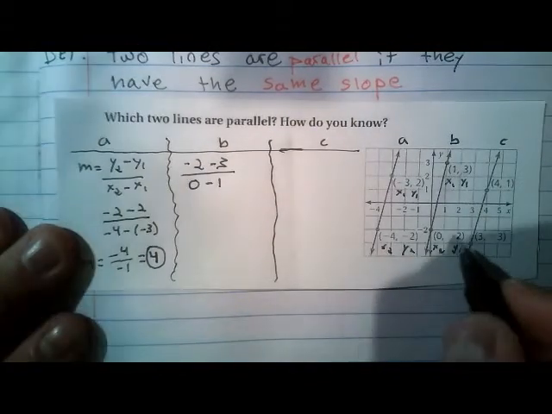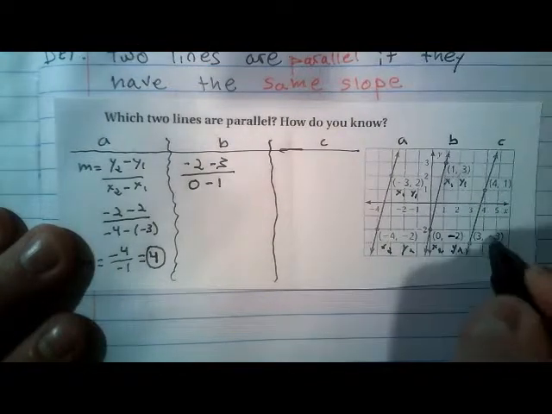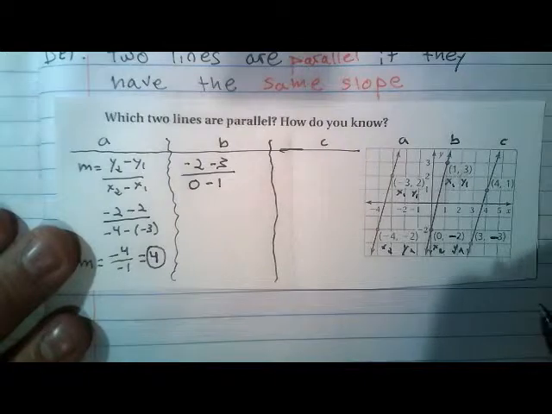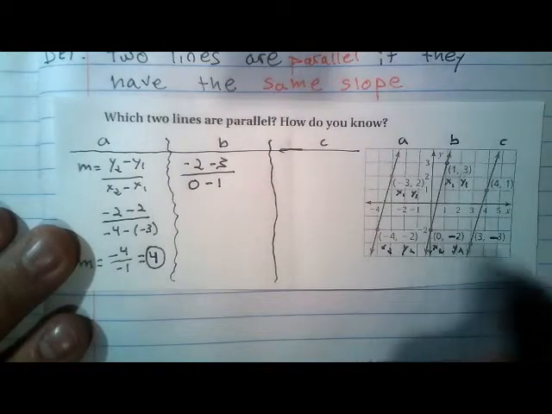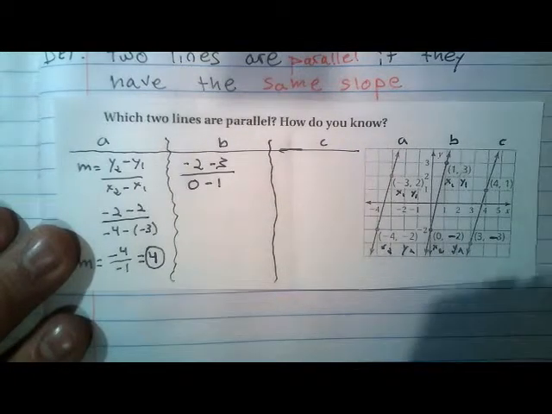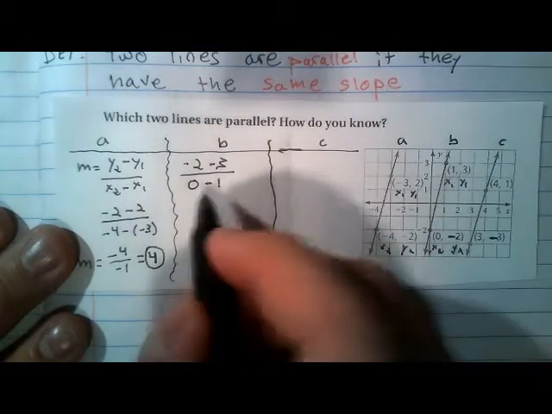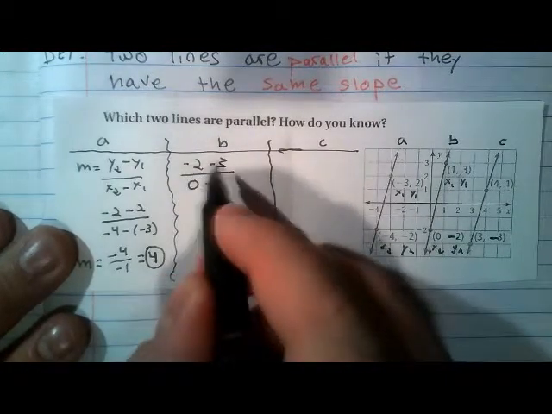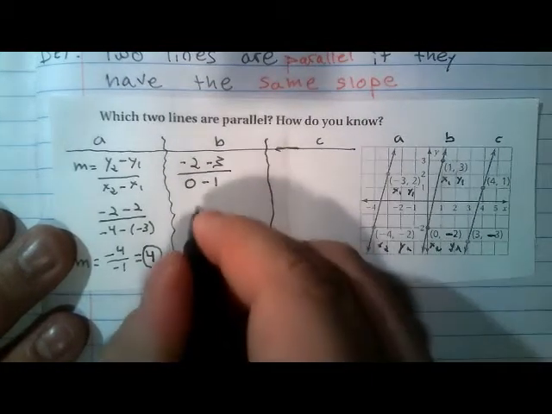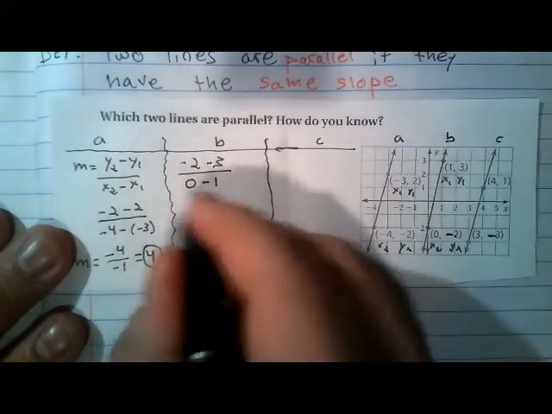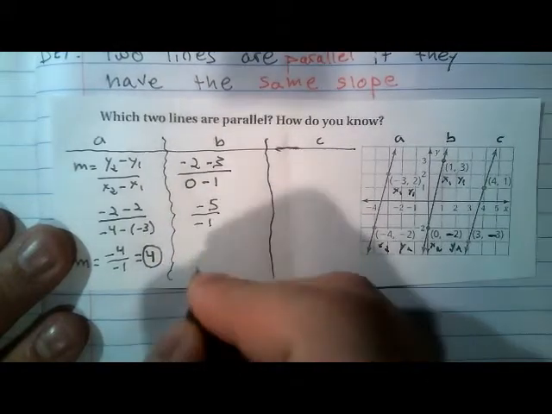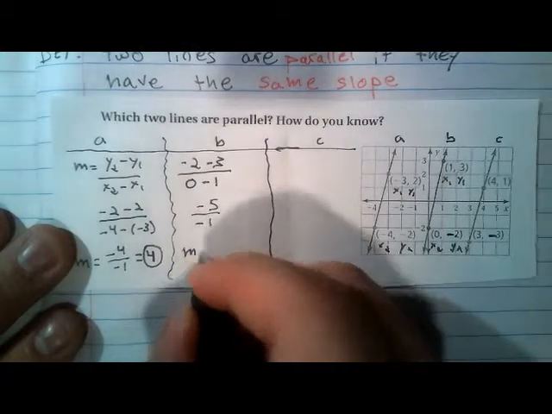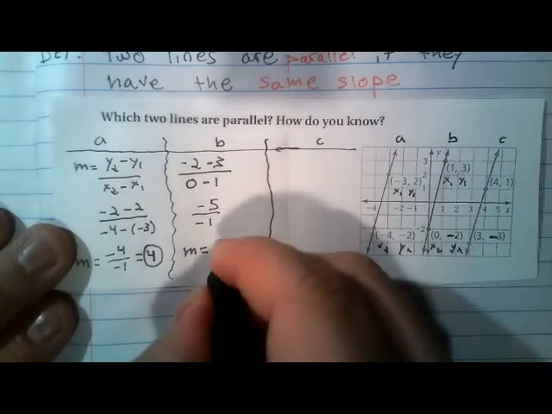If you can't notice that this is a negative symbol, that's a negative symbol. Okay, just to make sure you can see that clear on the paper. Keep simplifying. Negative 2 minus 3 is negative 5. 0 minus 1 is negative 1. So the slope for this one is a positive 5.